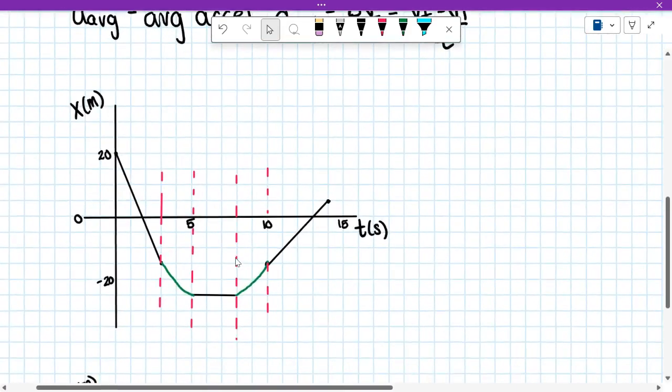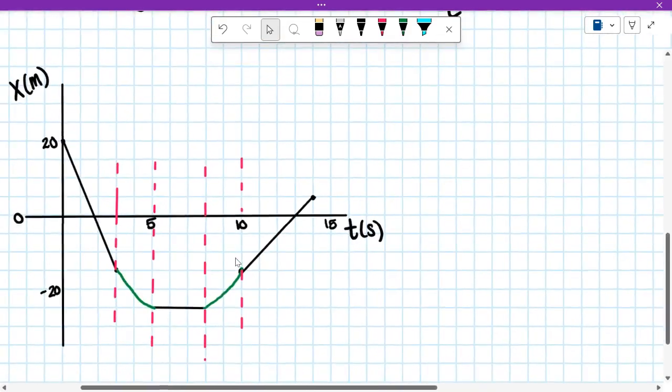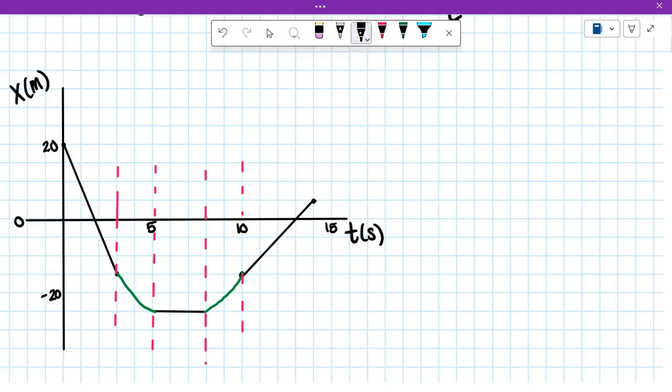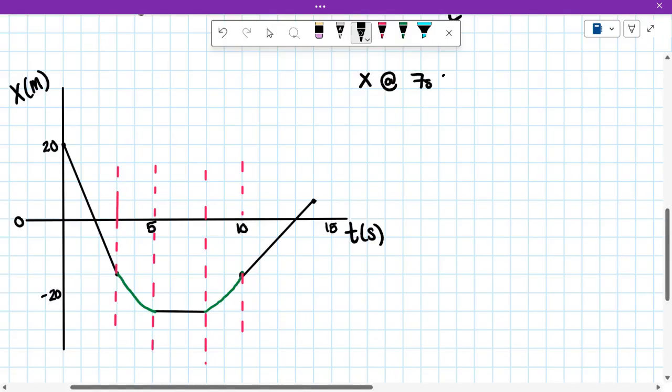All right, so first we have this position versus time graph, where it looks like we have a couple of different sections of motion. So on this position versus time graph, let's say I wanted to find a specific position, right? I wanted to find where I am at 7 seconds.